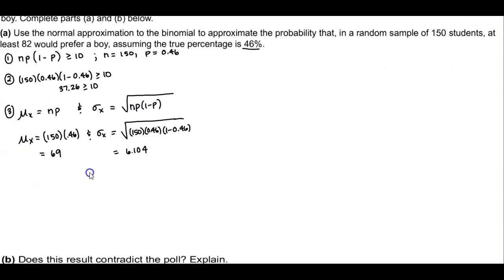So now we want to find the probability that at least 82 would prefer a boy. So we want to find the probability that x is at least 82. But again, we're using an approximation, so we're looking for the probability that x is greater than or equal to 81.5.